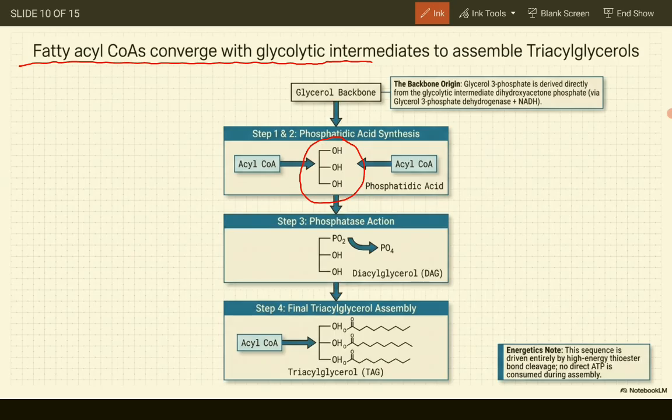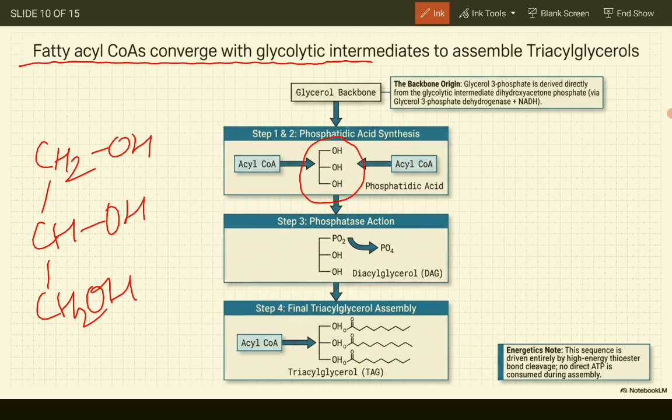So there is a glycerol backbone, which means there is CH2OH, CHOH and CH2OH. This is called glycerol. This is the glycerol backbone, as you can see here. And an enzyme called phosphatidic acid synthase leads to the production of phosphatidic acid through this molecule.